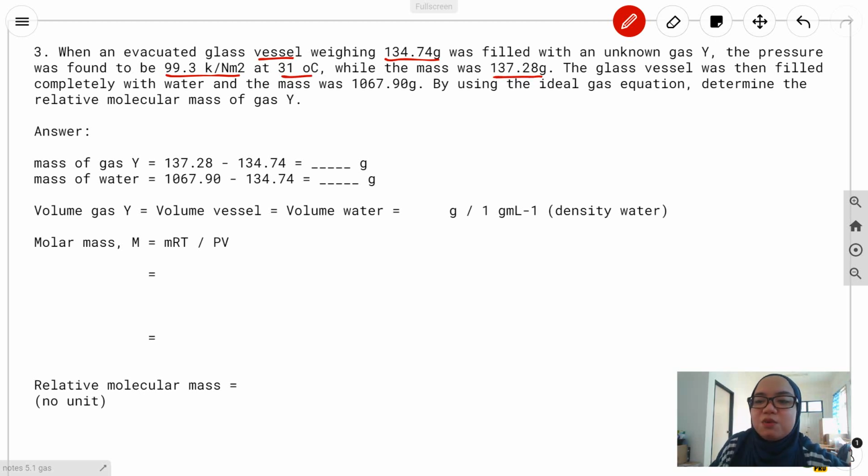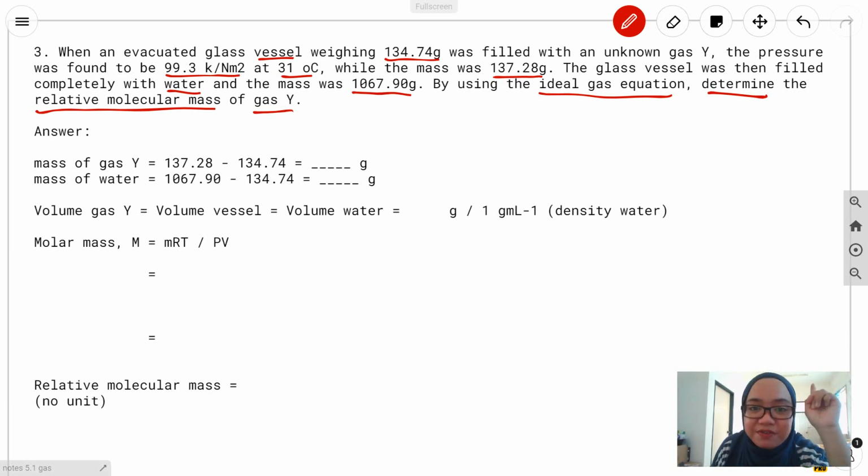The glass vessel was then filled completely with water and the mass was 1067.9 gram. By using the ideal gas equation, determine the relative molecular mass of gas Y. So this is the mass of the vessel, this is the mass of the vessel plus gas Y, and this is the mass of water plus vessel plus Y. First we need to find the mass of gas Y.